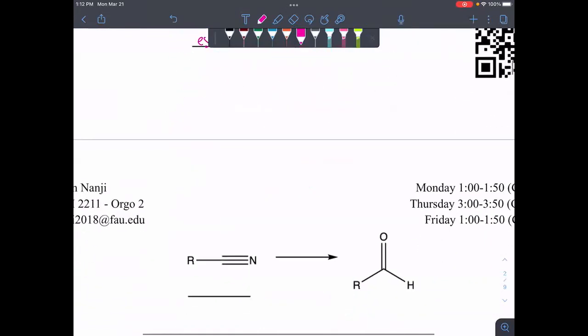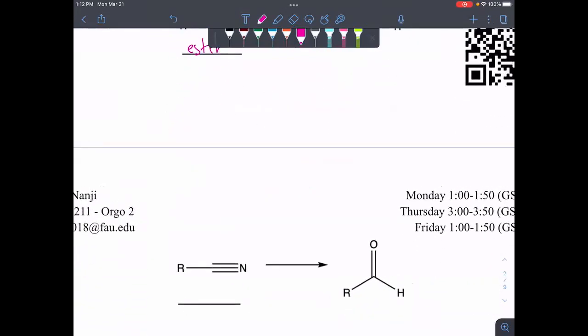Yeah, it's the same thing. And then for the cyanide or the nitrile, it's also the exact same thing, except you can use different temperatures with it, which is not important.